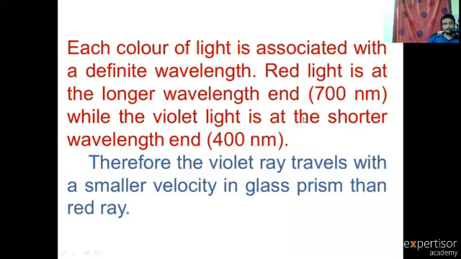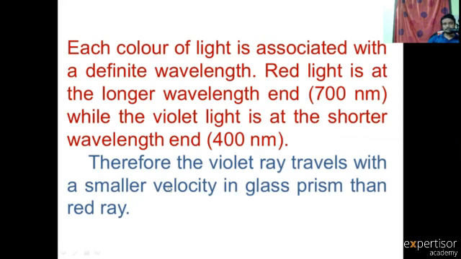Here, the maximum wavelength is 700 nanometers for red light, and the minimum wavelength is 400 nanometers for violet light.